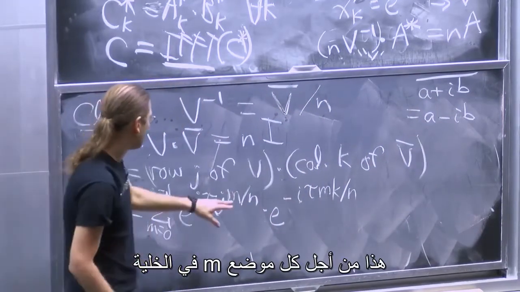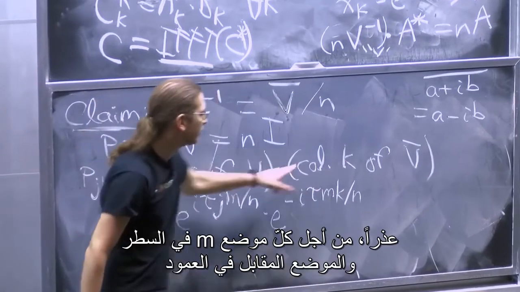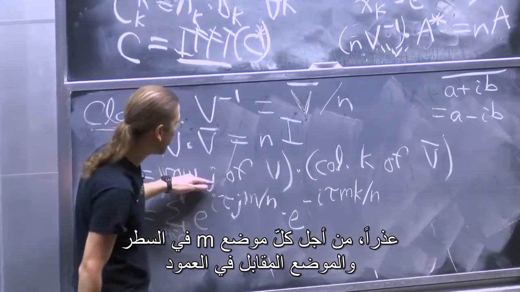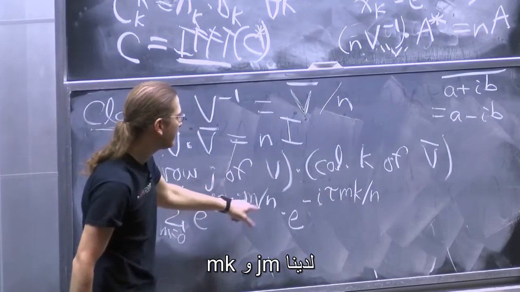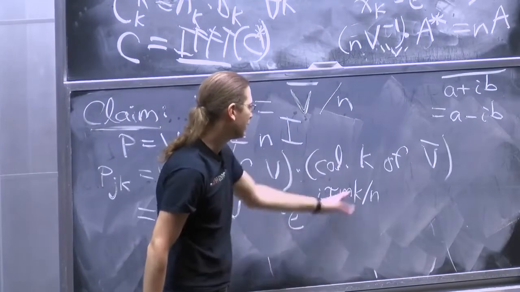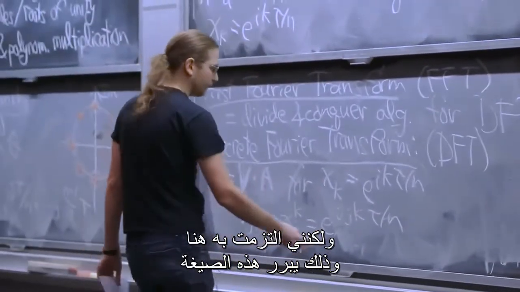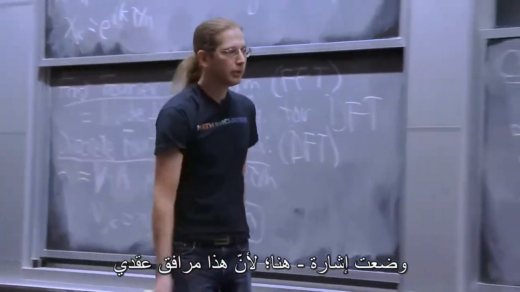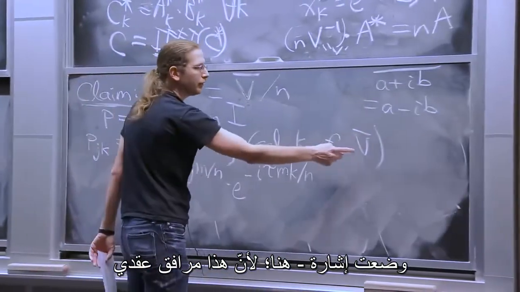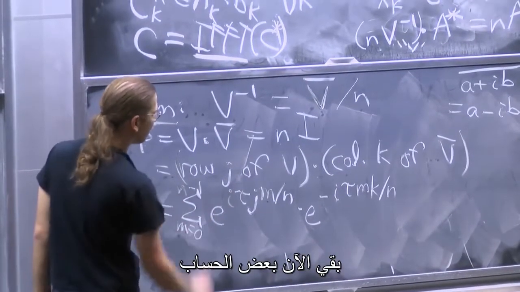For every position m in the row and corresponding position m in the column, I have jm and I have mk. Again, the order doesn't matter, it's symmetric. I put a minus sign here because this is v complex conjugate. Now I just do some algebra.